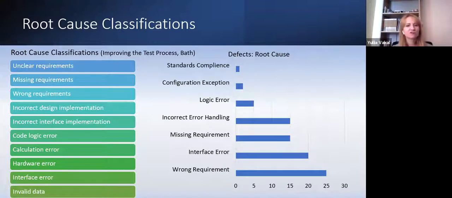Then interface error, missing requirements, incorrect error handling, logic error, configuration exceptions, standard compliance, some invalid data. You can see unclear requirements, but how many are there? Three, right? Unclear requirements, missing requirements, and wrong requirements. For software development and software testing, these kinds of things happen quite often.